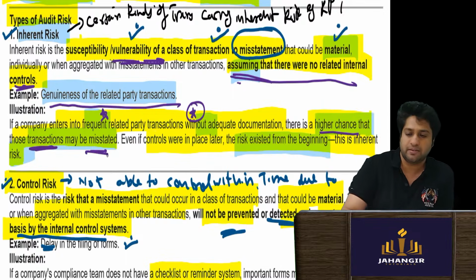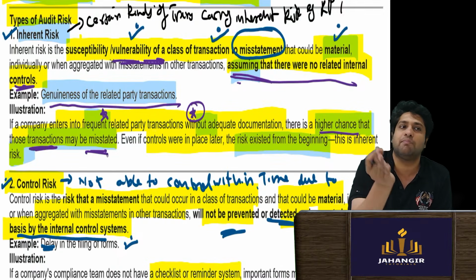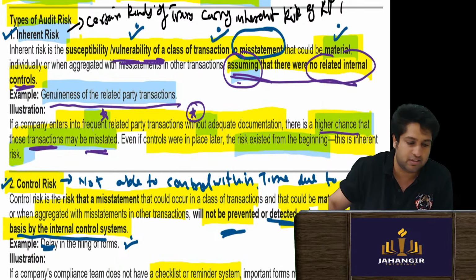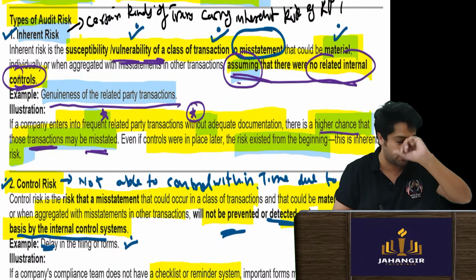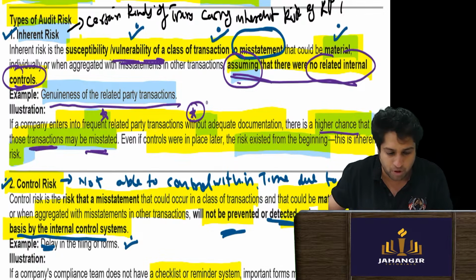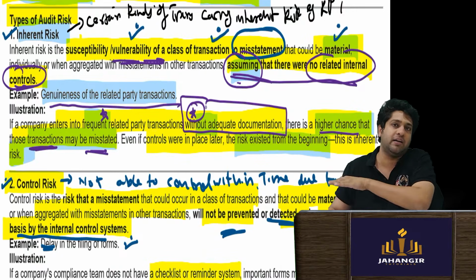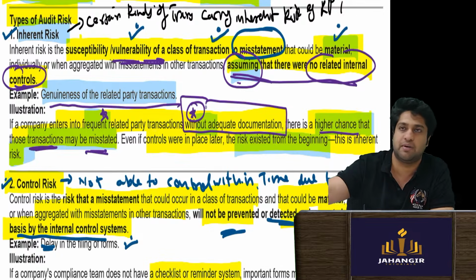So what is inherent risk trying to say? That if a company does not have internal controls, assuming there were no internal controls, related party transactions were being entered without proper documentation. Since the internal control never told that a procedure is to be maintained, there is always a risk that there could be misstatement, right?